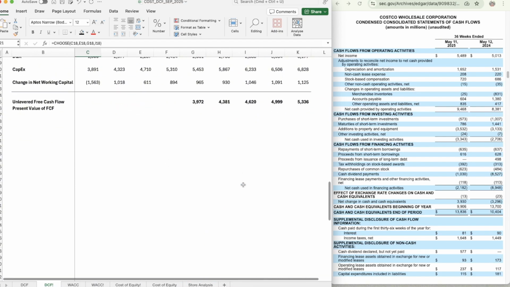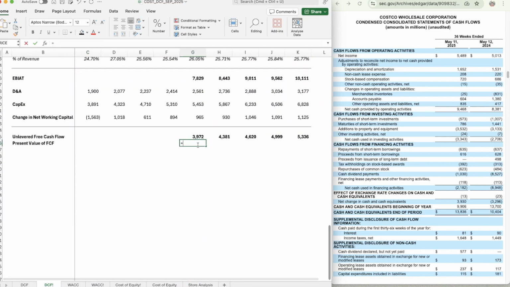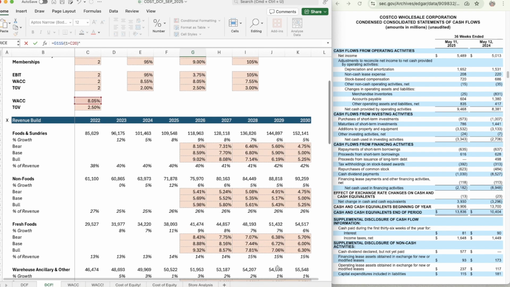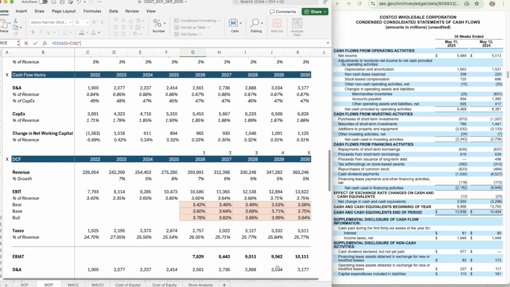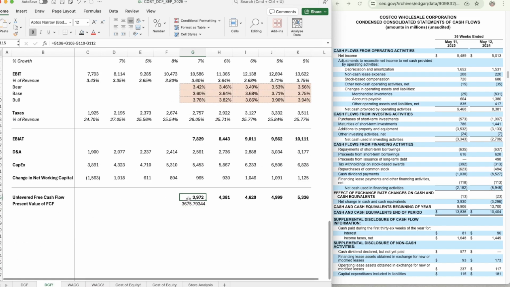And now we can start working out what the present value of our free cash flow is. To do that, we take the free cash flow and we divide it by 1 plus the WACC, close brackets, to the power, and that's why I wanted us to write down each year in numbers, because that way we can get the power of it.